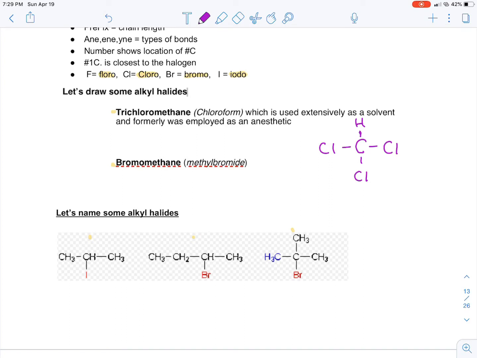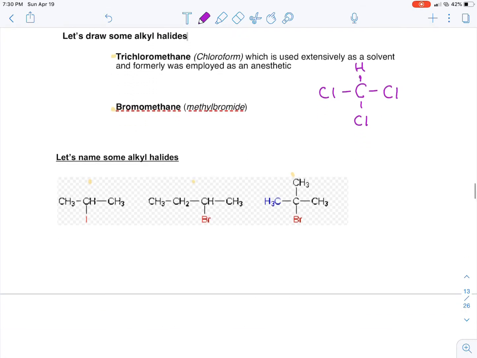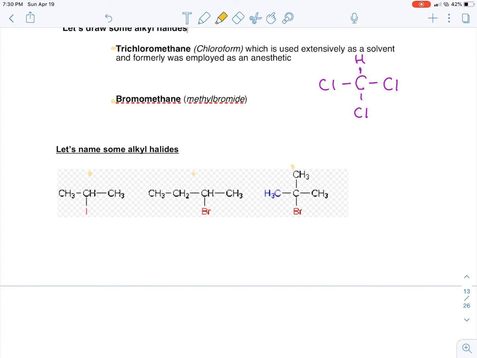I'll name one of these. Let's see here. How about I name the middle one? I'm just randomly picking the middle one. So we have 4 carbons in a chain, and then we have a bromine off of one of those. The first thing we need to do is number our carbons, right? 1, 2, 3, 4.